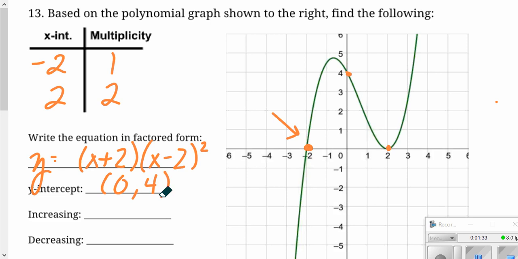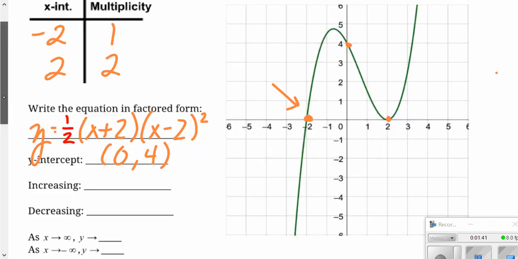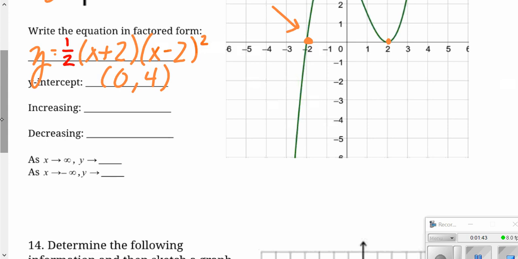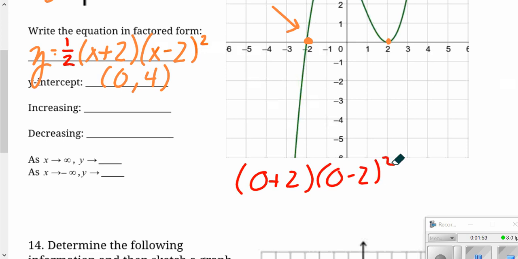Okay, now it would be a bonus if you figured out that there's actually a multiplier of 1/2 here, and you might know that by thinking about if I plugged in 0 to the factors that I had, then I would get, let's see, 2 times -2 squared, which actually gives me 8.